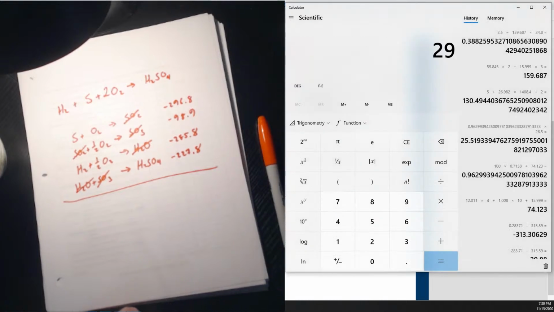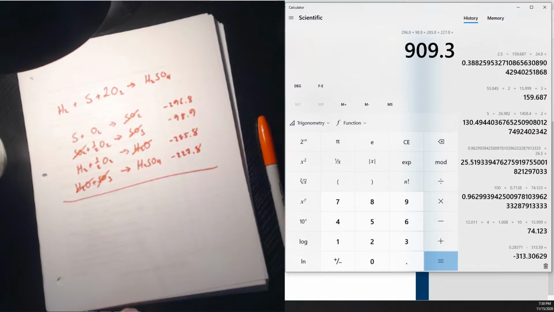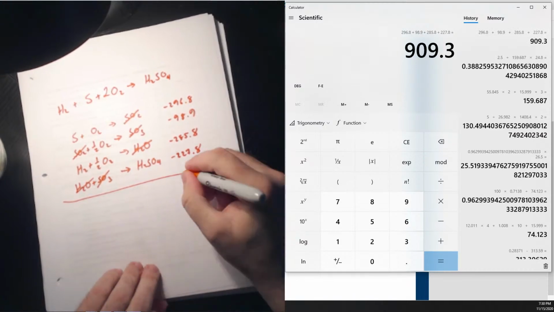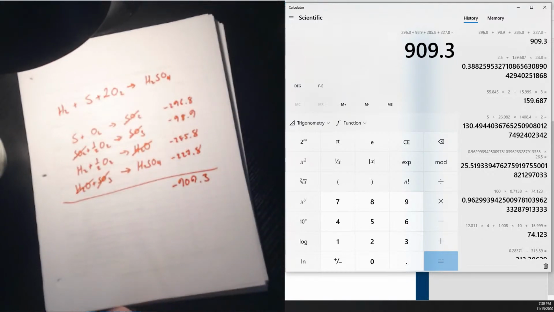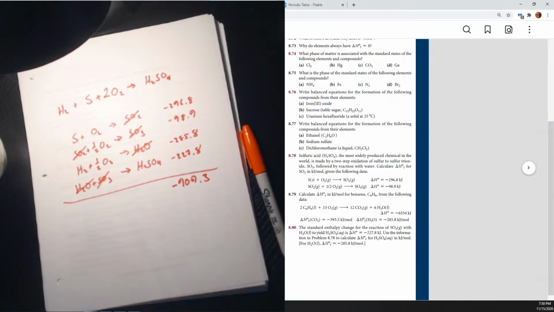So 296.8 plus 98.9 plus 285.8 plus 227.8. The enthalpy of formation is negative 909.3. Okay. So they were a little bit tricky about that one, but not excessively so.